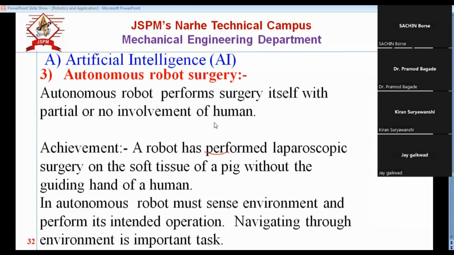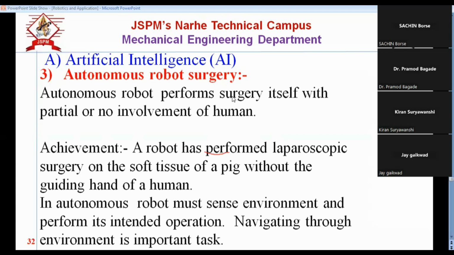This is a very important aspect of autonomous robots. Now we'll see one autonomous robot, a very advanced field, that is autonomous robot surgery. We have already seen the application of robotics for surgery. That type of robot was non-autonomous. Everything was performed by the physician or surgeon.